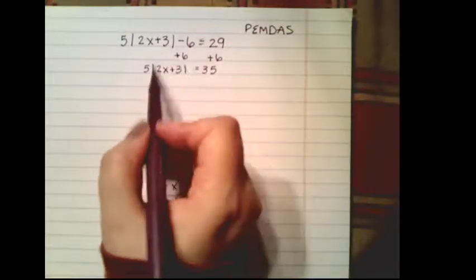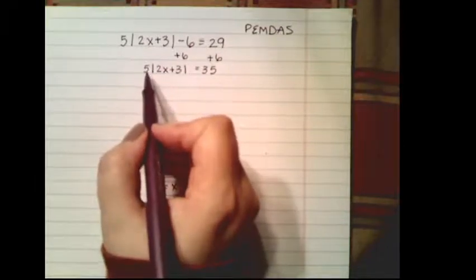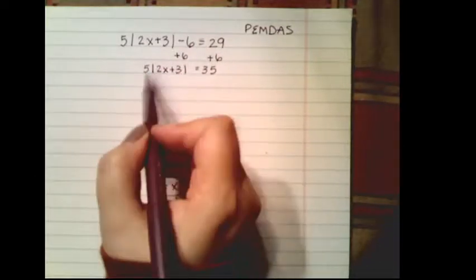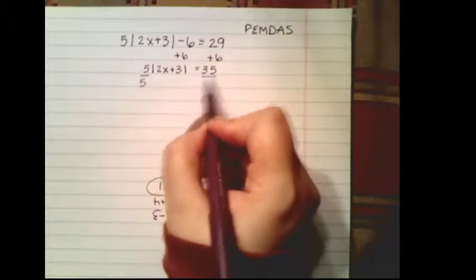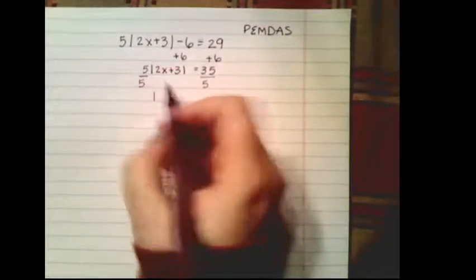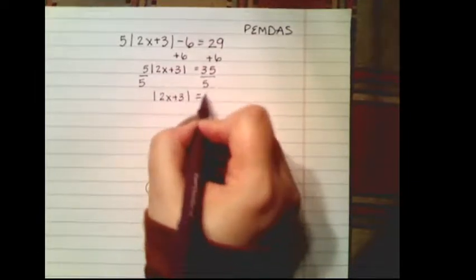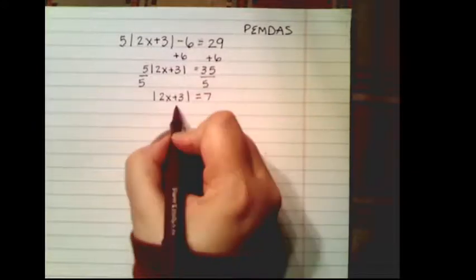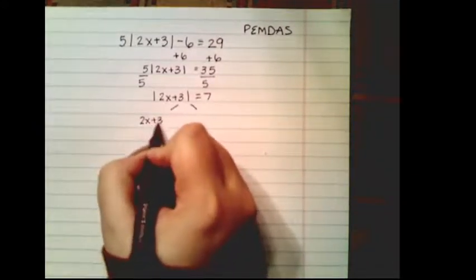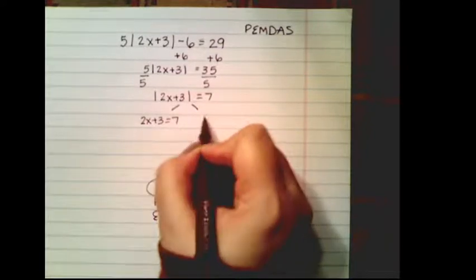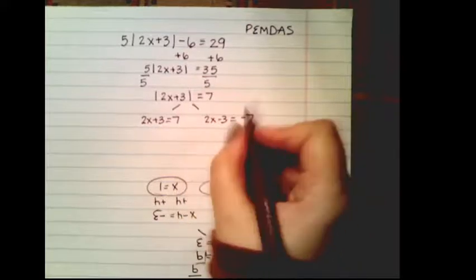Okay, next, remember absolute values are just like parentheses. That means this 5 is distributed to both. We get rid of distributing by dividing because we need that absolute value to be all by itself. And once we have it by itself, we can write our two equations. 2x plus 3 equals positive 7 and 2x plus 3 equals negative 7.